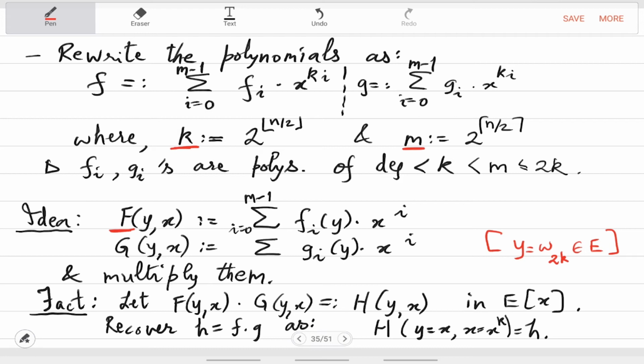Now you want to multiply the auxiliary polynomials big F with big G. So in that multiplication you have to basically substitute for x powers of omega, and it will suffice to use, since the individual degree of x is m minus 1, you use this y.